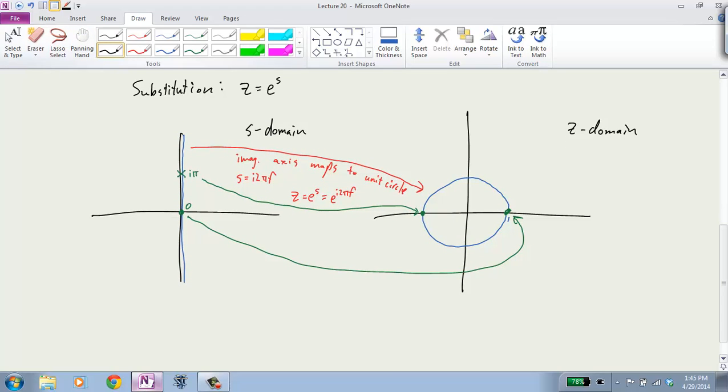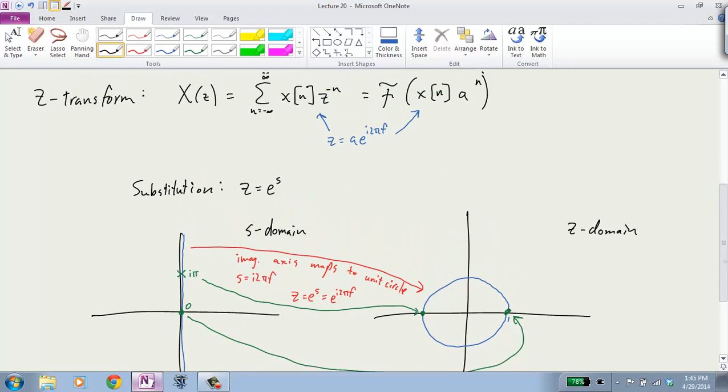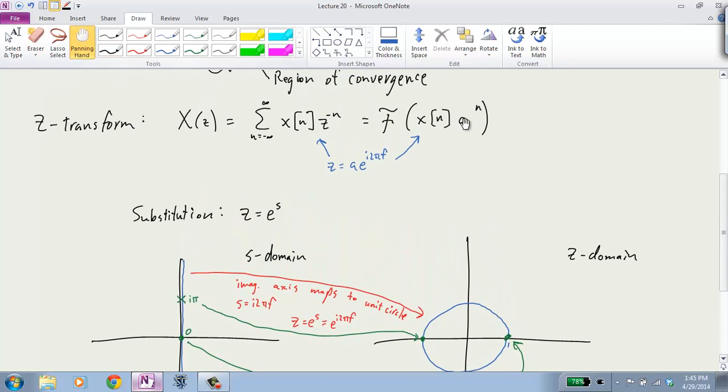I guess what I'm saying here is, in the z transform, if you let a equal 1, then this is just the Fourier transform of x. So the Fourier transform of x is equal to the z transform where a equals 1. And the z is just e to the i2πf.